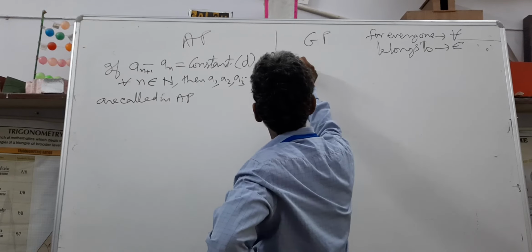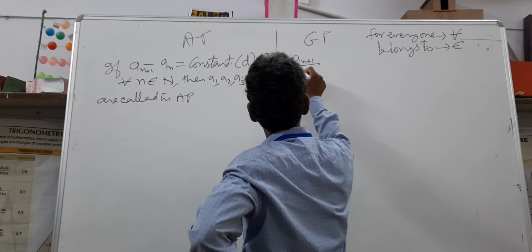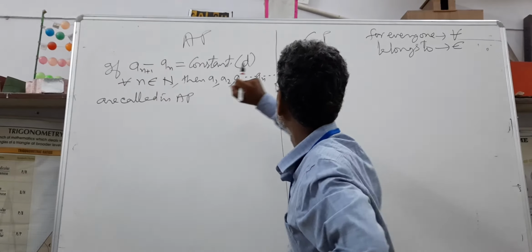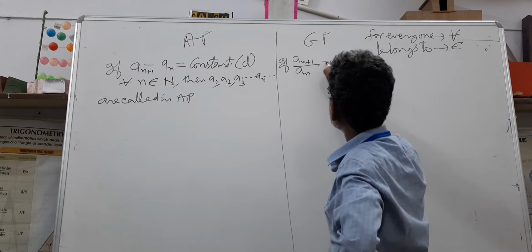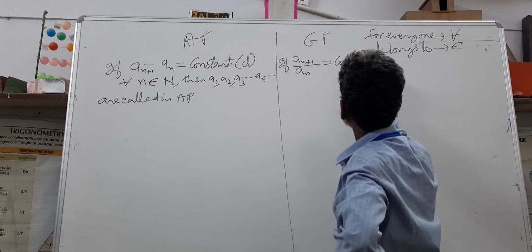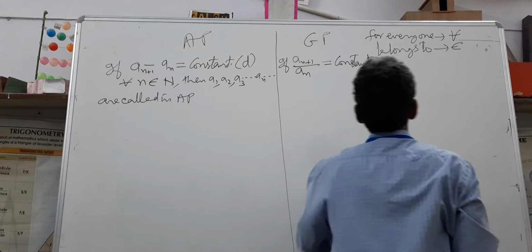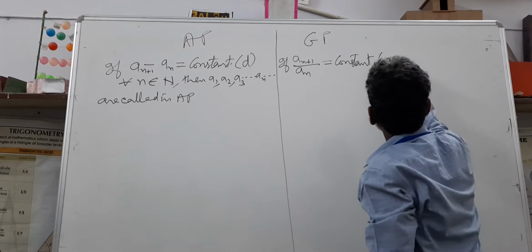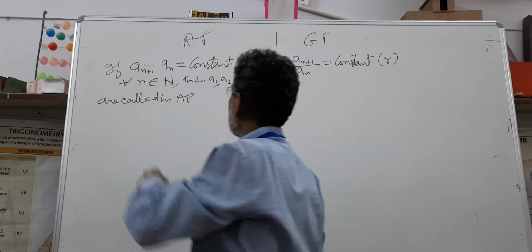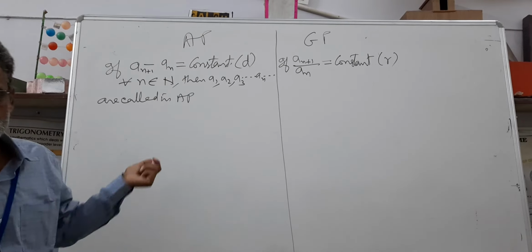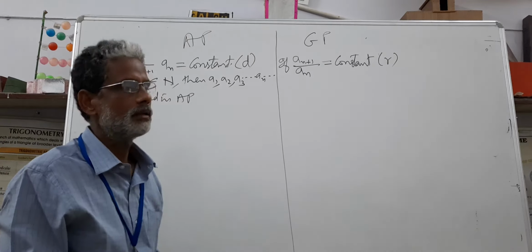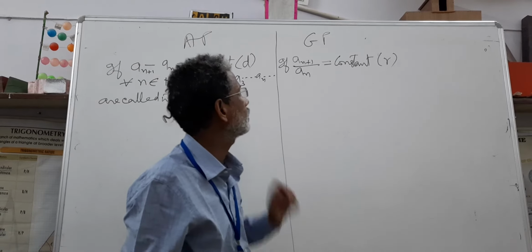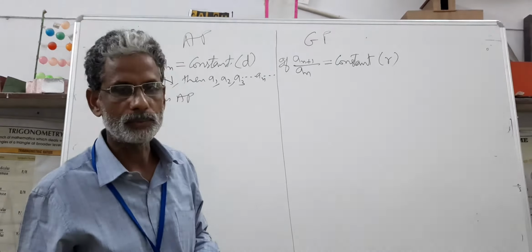If a(n plus 1) upon a(n), the short form of difference being division, is equal to a constant denoted by r, not d. Difference and division both start with d, but I have taken d for difference, therefore we cannot take d for division also.